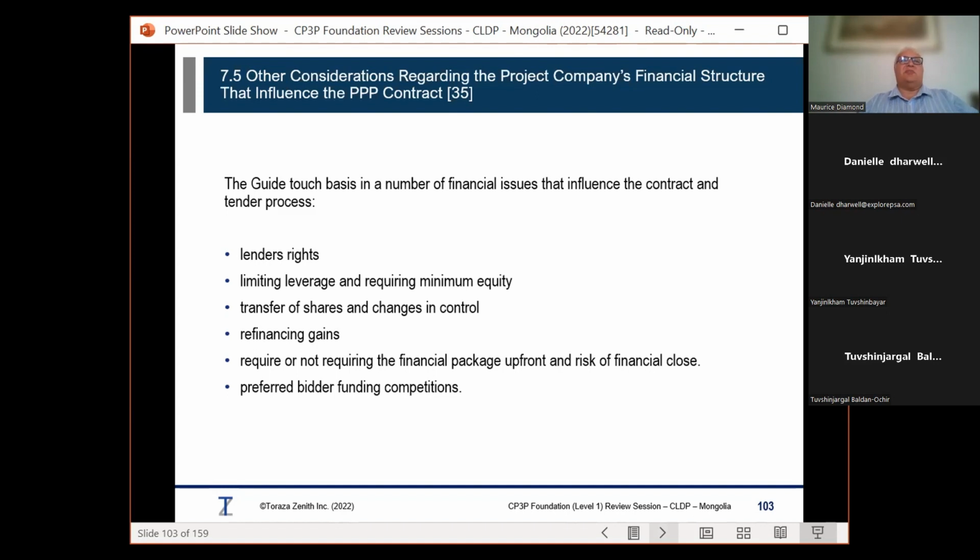As long as the equity has been bid and put into the bid itself, then what we might do instead is, when we get to contract award, run a financing competition amongst the marketplace. And we are hoping then to get the best deal that we can possibly get.